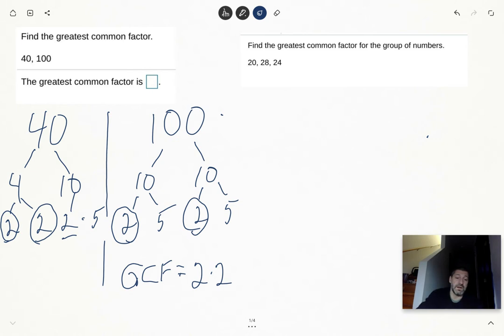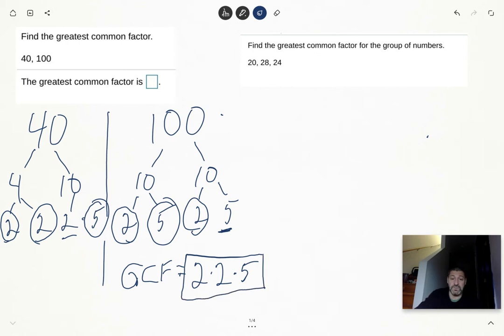Both of my terms have 1 5, but they do not have a second 5 here. So all that is common to both those numbers is a 2, a 2, and a 5, which would give us 20. The greatest common factor of 40 and 100 is 20.